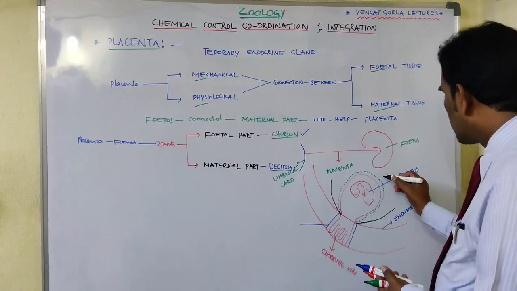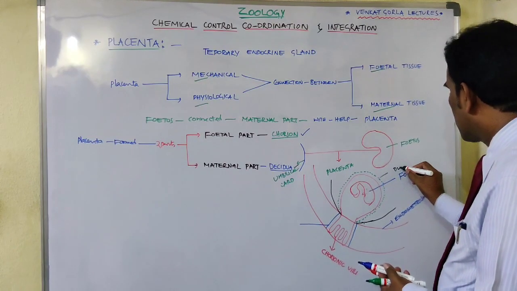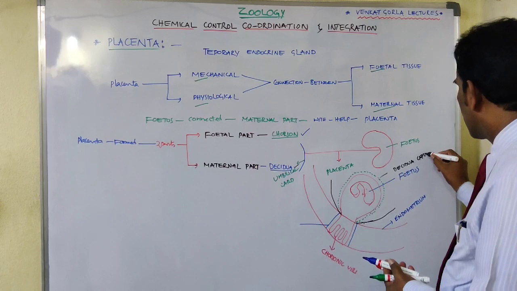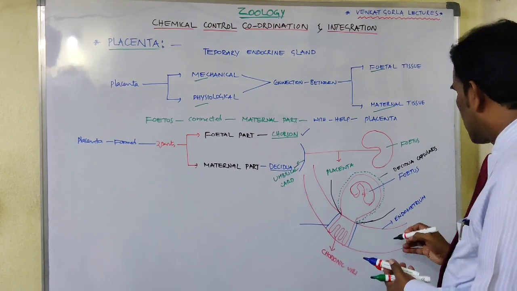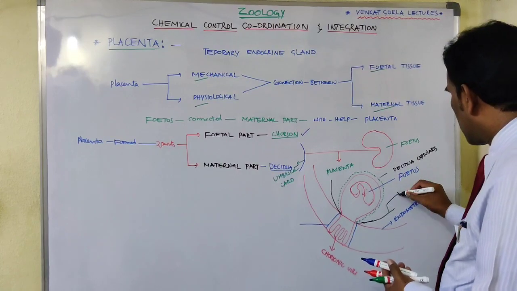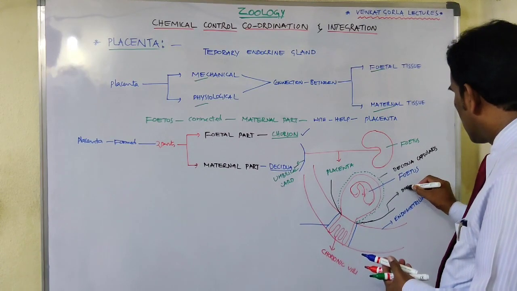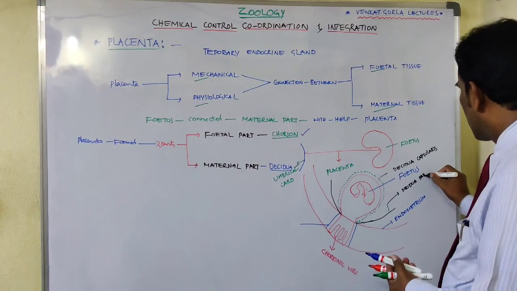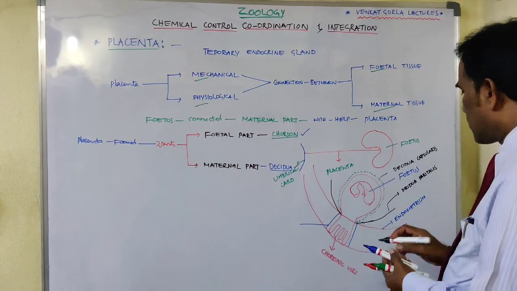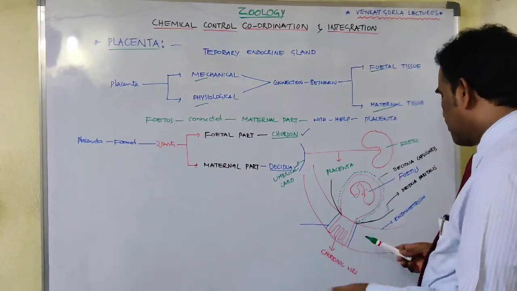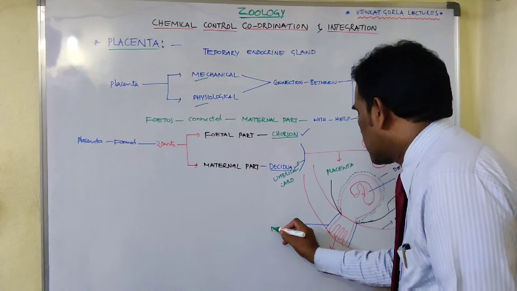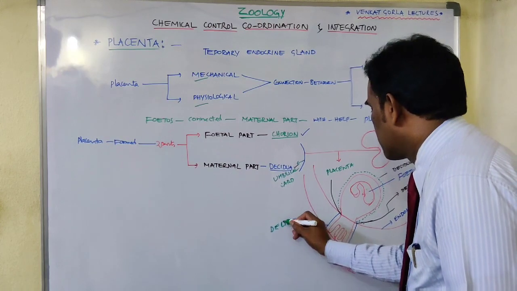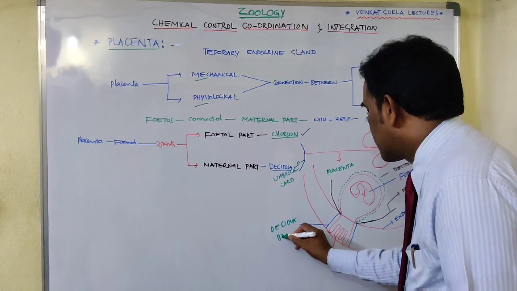So that means embryo. This is called decidua capsularis, and this part also comes under decidua, decidua parietalis, and this part is called decidua, the main important part, decidua basalis.